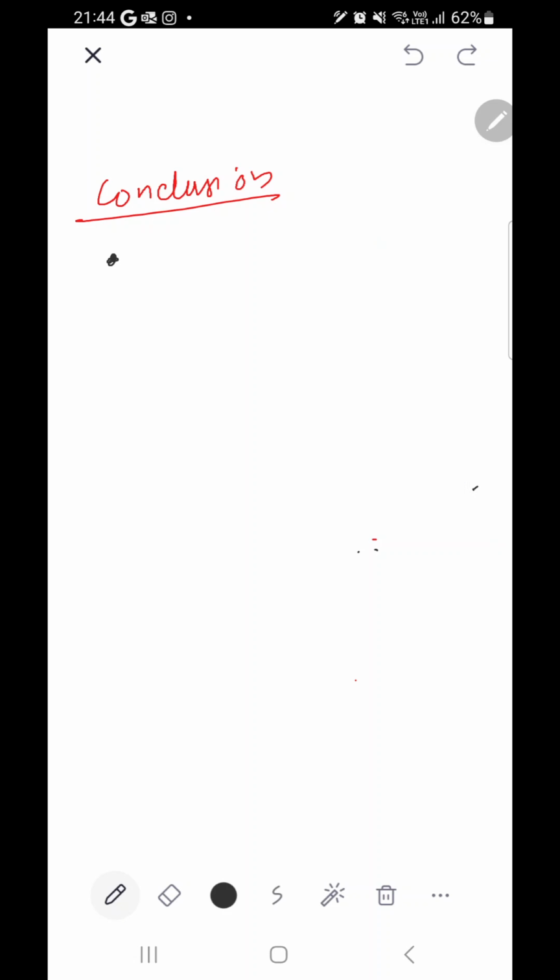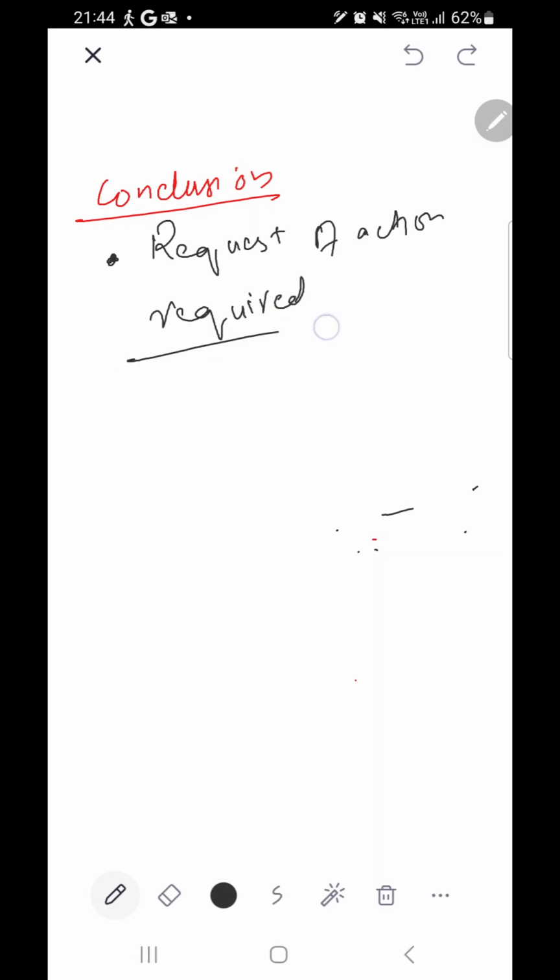Anyhow, now starting from the conclusion, we have to write it down. You can say you have to request something, of action required, and politely you have to request it.